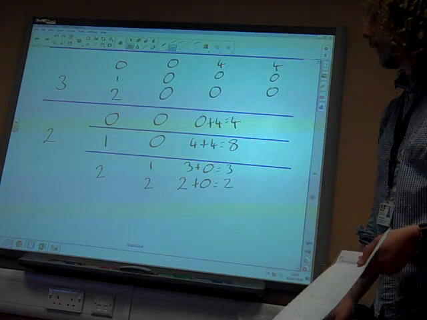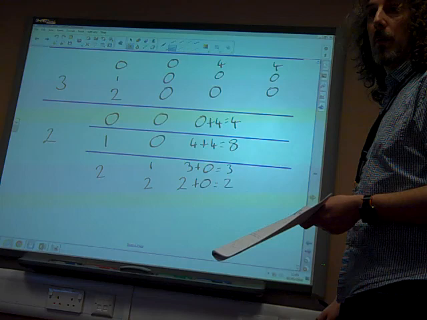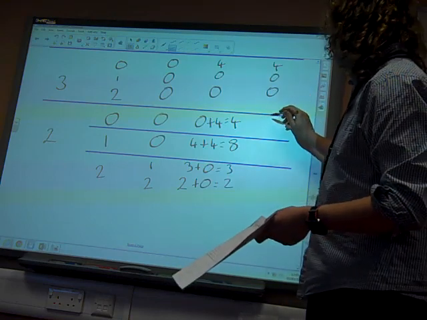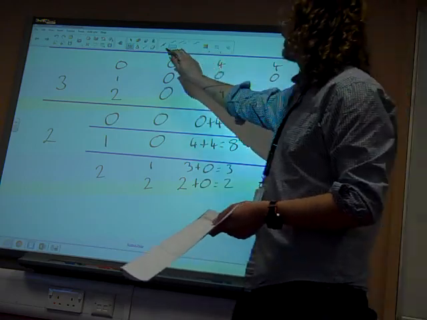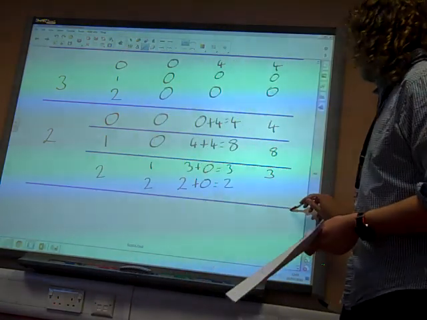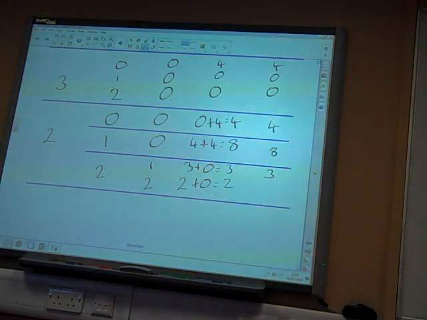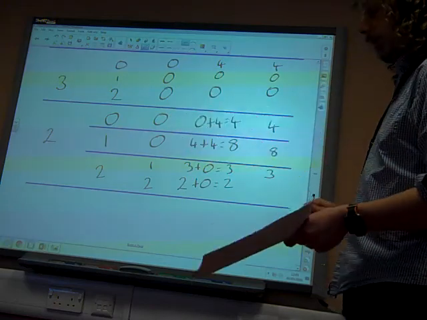Before I leave this second stage of my diagram, I'm going to fill in my suboptimal maximums of being 4, 8 and 3 so far. We rule a line underneath that one, and we're ready to move on to stage 1.